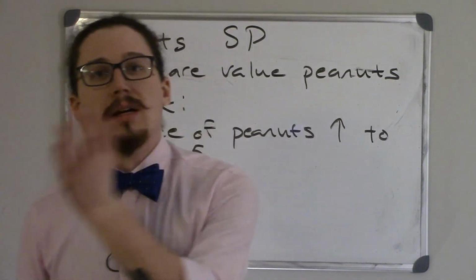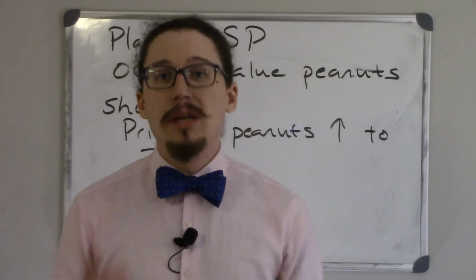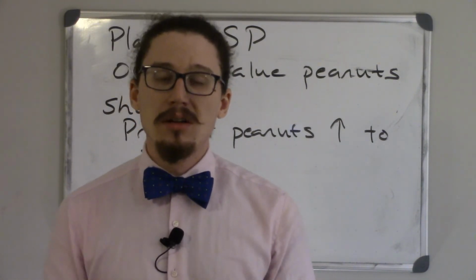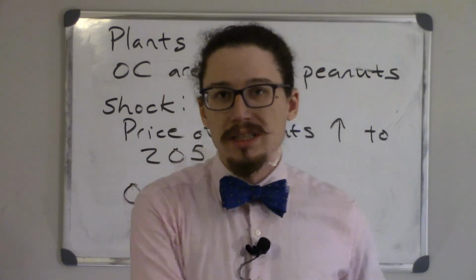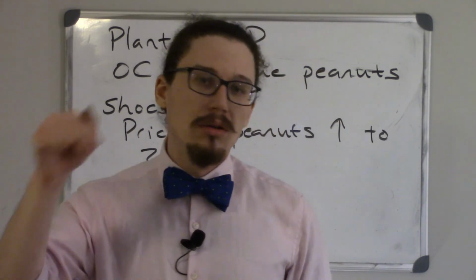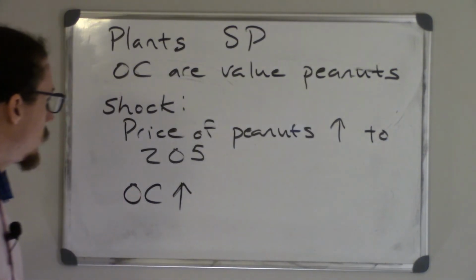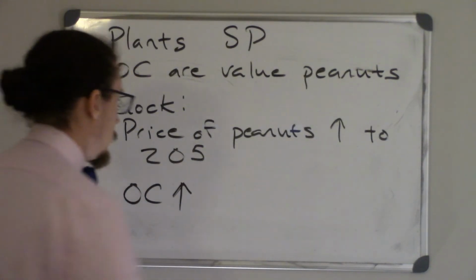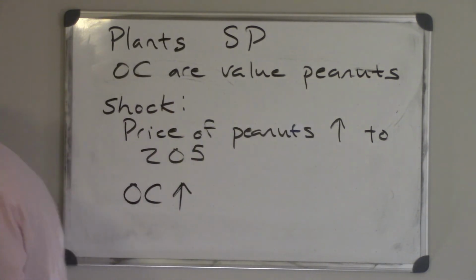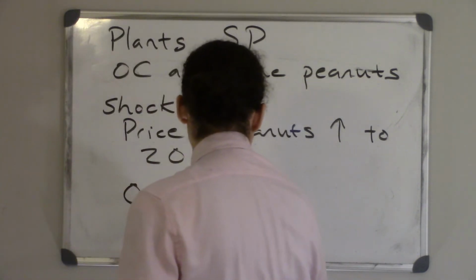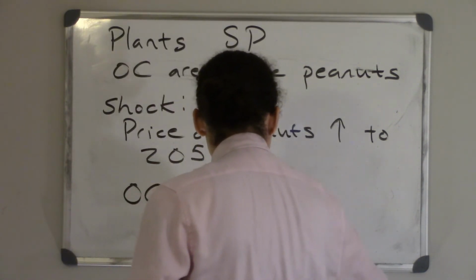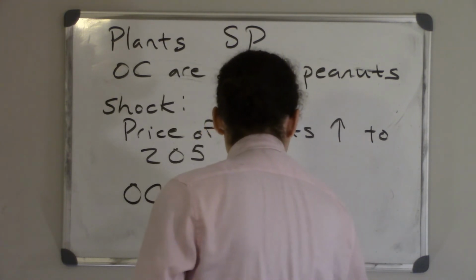Because now the value of peanuts is higher, and the cost of producing those goods stays the same. So now peanuts are more valuable relative to sweet potatoes. That is an increase in opportunity costs.